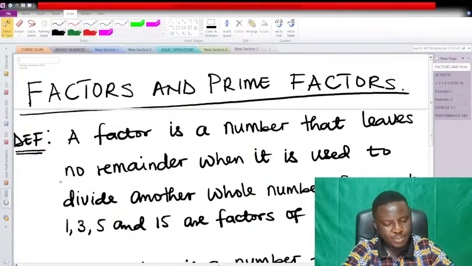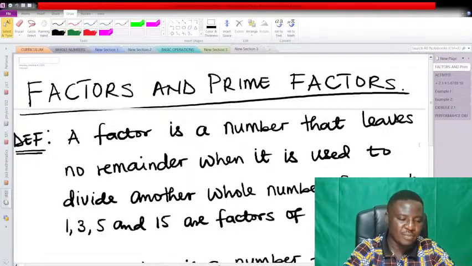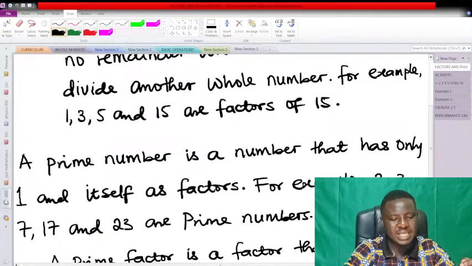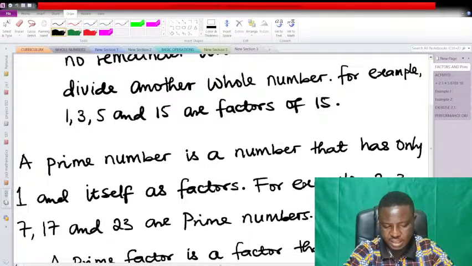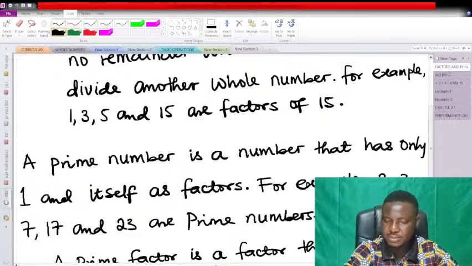What about prime factors? Now that we have known what factors are, what are prime factors? A prime number is a number that has only one and itself as factors. For example, 2, 3, 7, 17, and 23 are prime numbers.